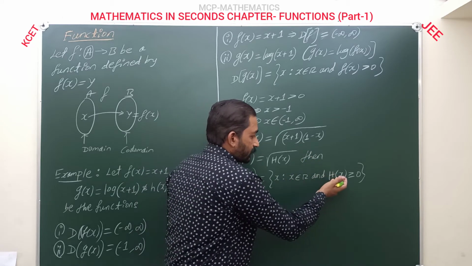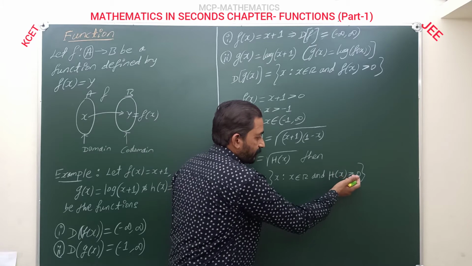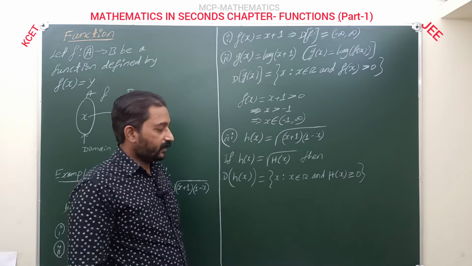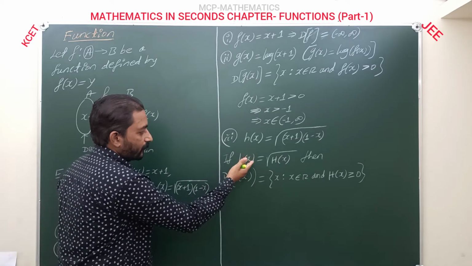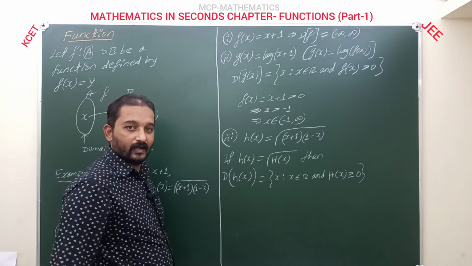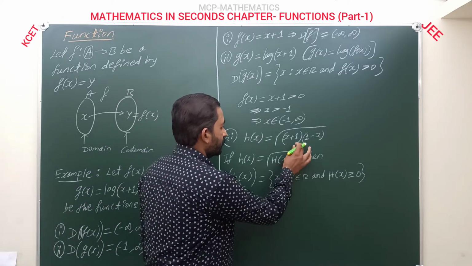So we have to find the domain using the condition H of x greater than or equal to 0. For any function of this form, we find the domain using this formula or shortcut.